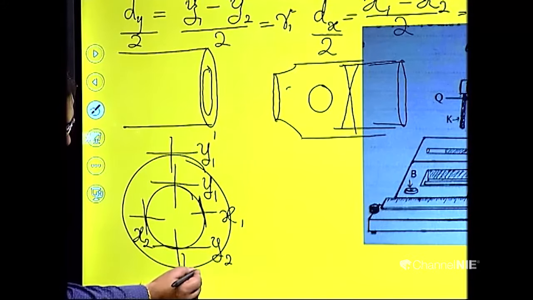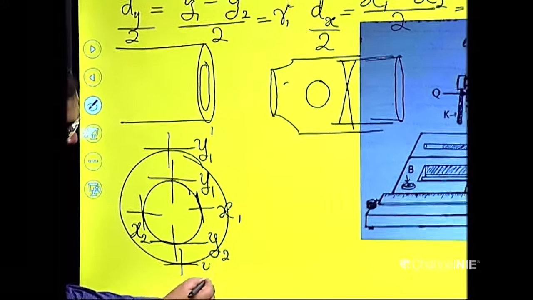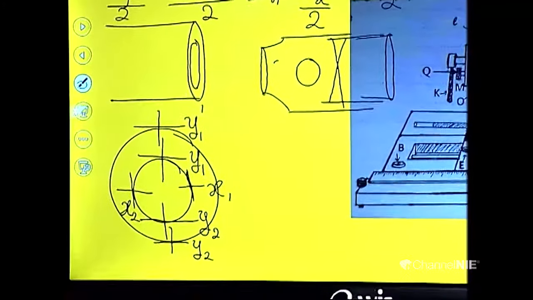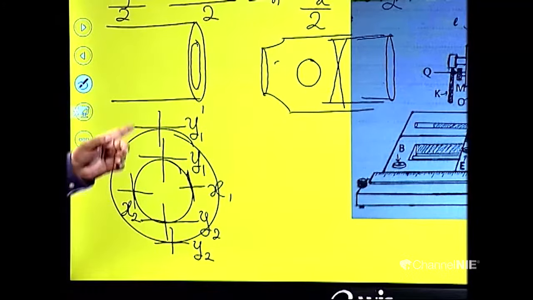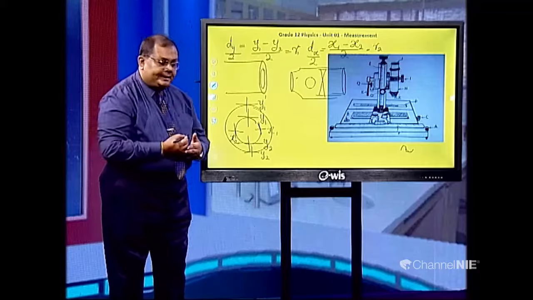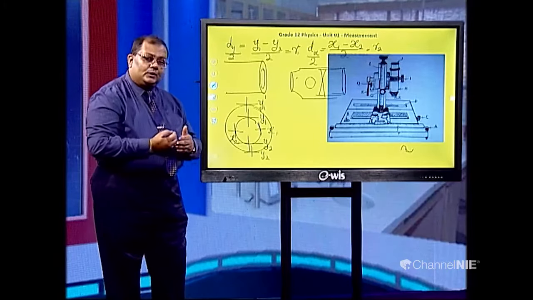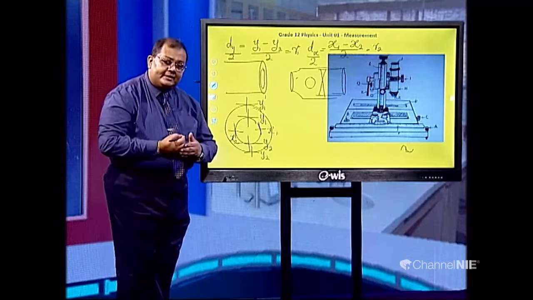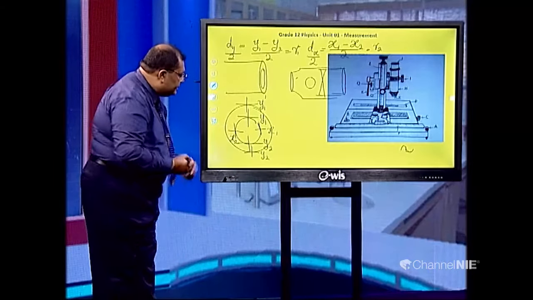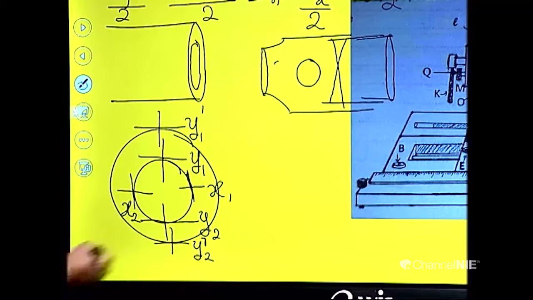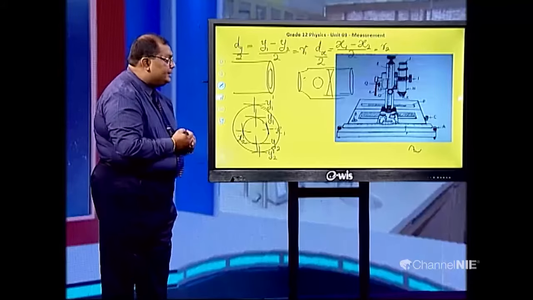Take the next reading, y2 dash. Then you can measure the external diameter of the rubber tube. Internal diameter we know, the y1, y2 difference. External diameter is the y1 dash, y2 dash difference. Then you can measure the thickness of the rubber tube.